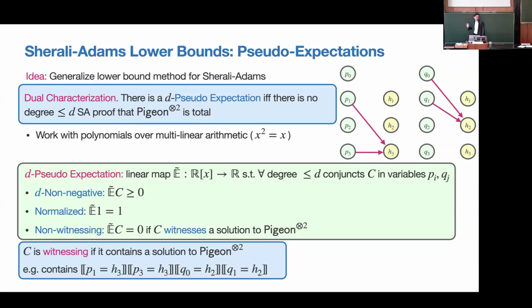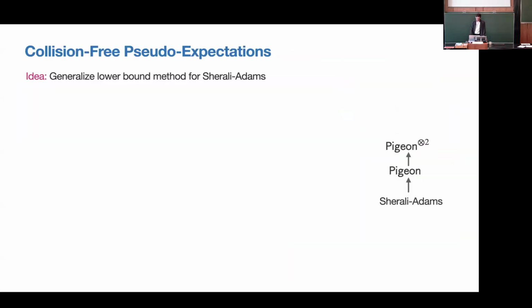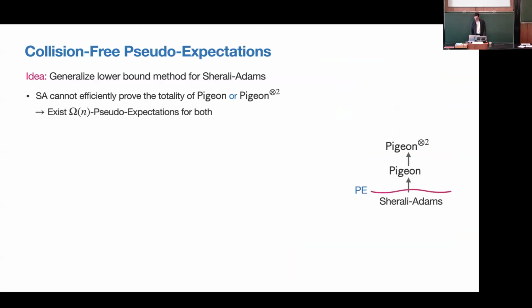Any other questions about this? So we want to take this pseudo expectation and use it to separate pigeon from pigeon squared. There's a problem with just applying it directly, which is that Sherali-Adams can't prove the pigeonhole principle or the binary pigeonhole principle. So there exists a pseudo expectation for both of these things.